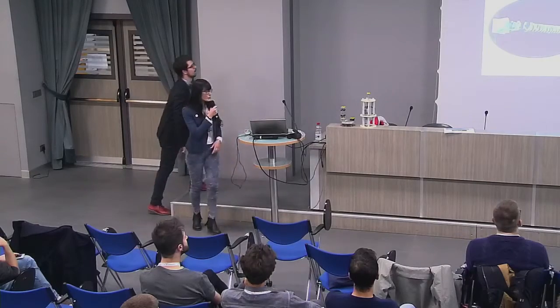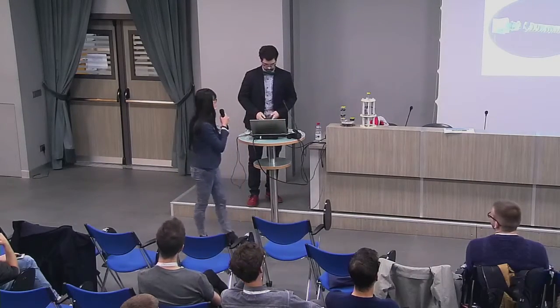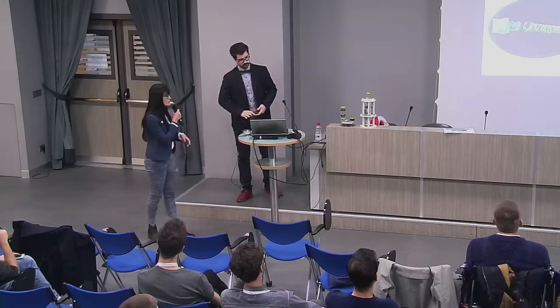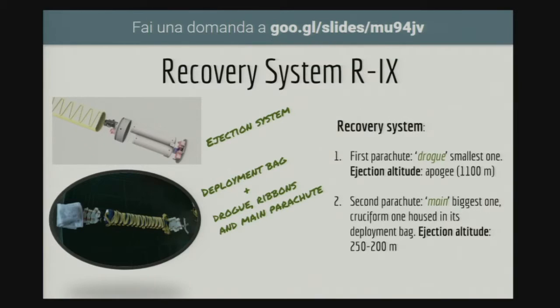So let's talk about what we did in the previous rocket. In this image we can see our subsystem, because to use a parachute you should have the electronic device or something else which can open it.